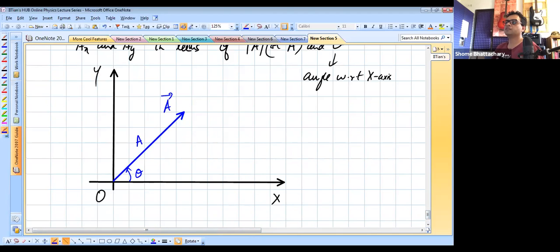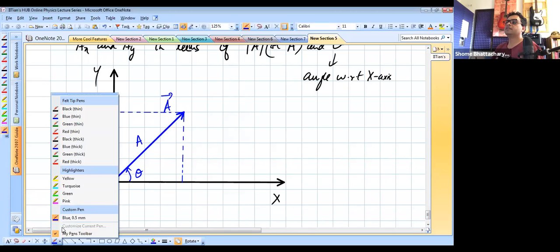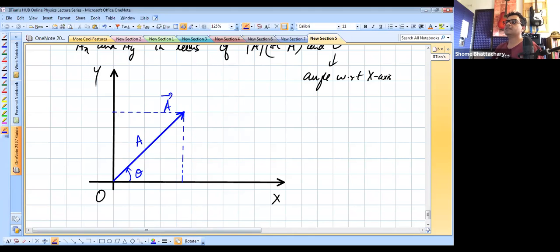So from here, if we now drop a perpendicular on each of the axes, we drop a perpendicular here and we drop a perpendicular here, just to make sure that these are just guidelines, so we represent them as dotted lines. So now the projection or the shadow that this vector casts along the x-axis, that is nothing but Ax.